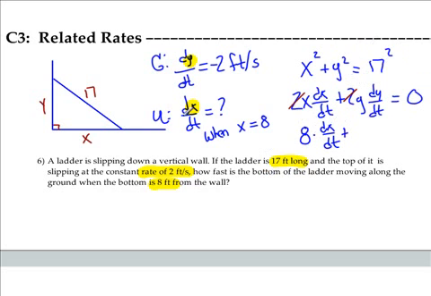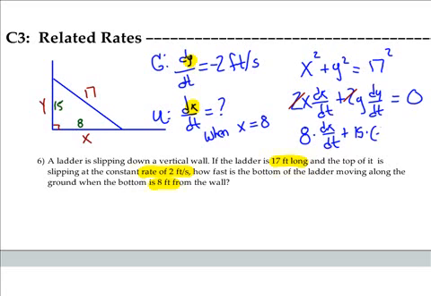Plus y at the instant we're interested in, we haven't calculated it. Pythagorean triples will tell us that y will be 15 at this instant. 8, 15, 17 is a triple, or 17 squared minus 8 squared and rooted is 15. So the y value is 15.